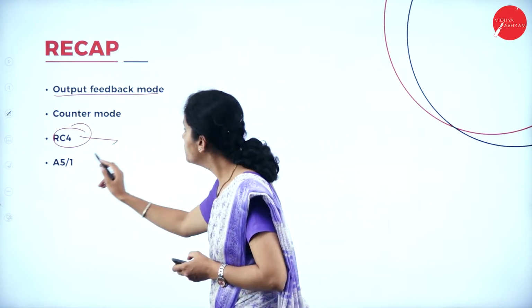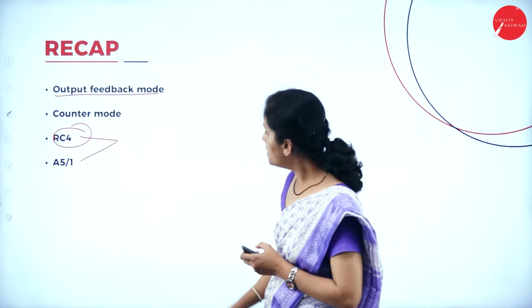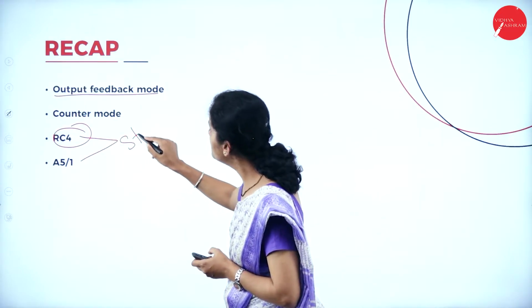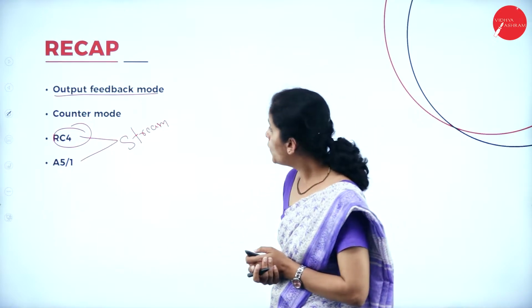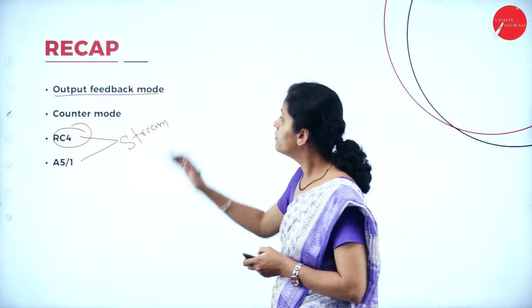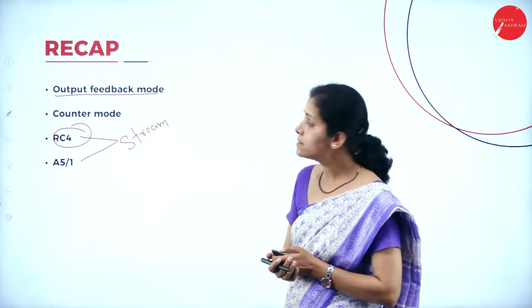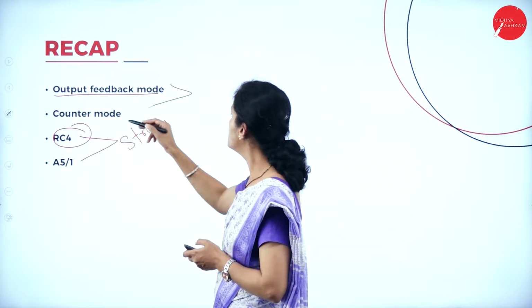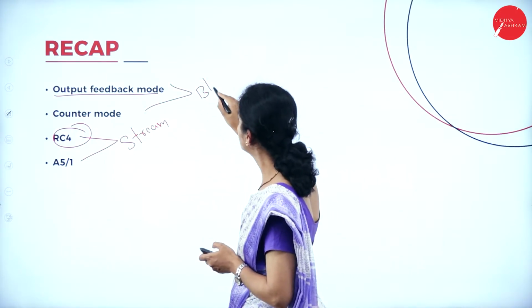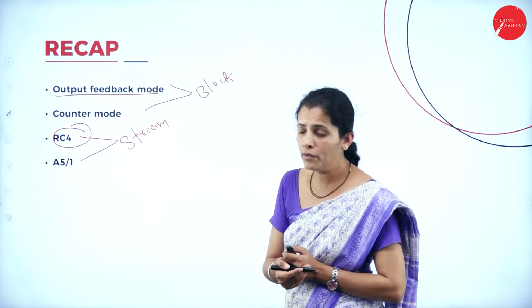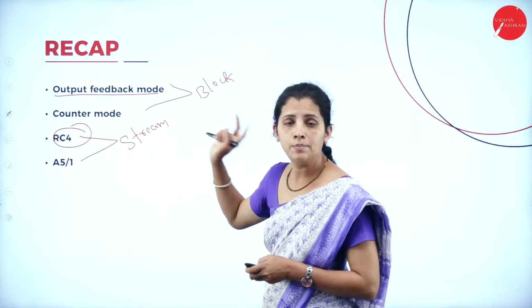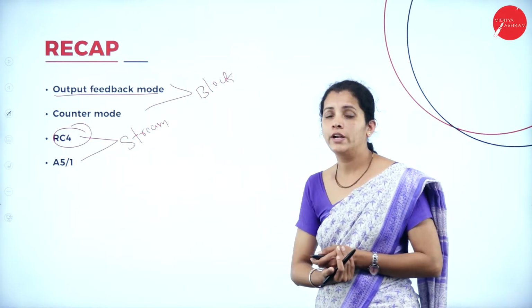These two algorithms come under stream cipher, whereas output feedback mode as well as counter mode come under block cipher. And from the examination point of view, these two types are very important.